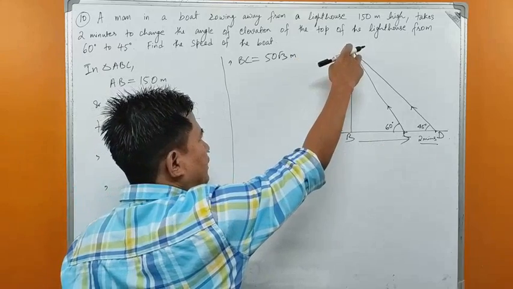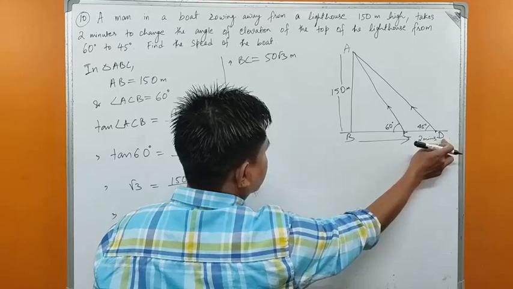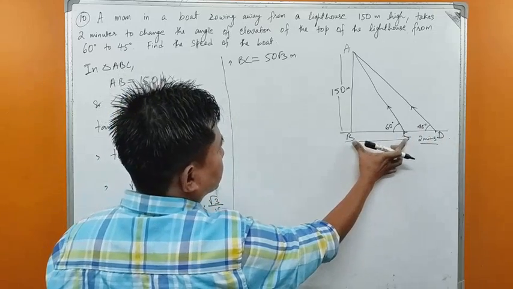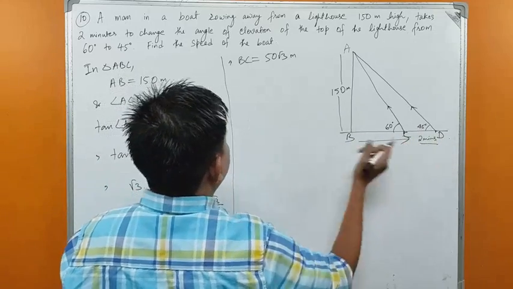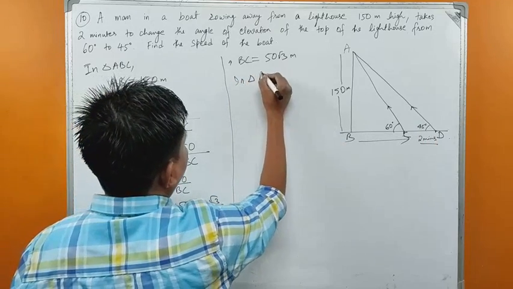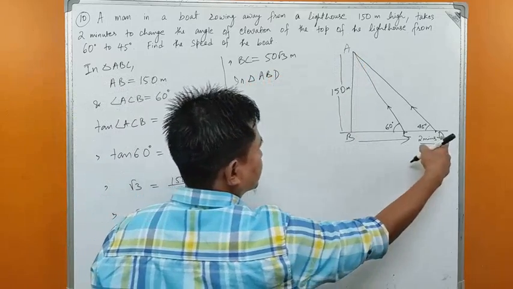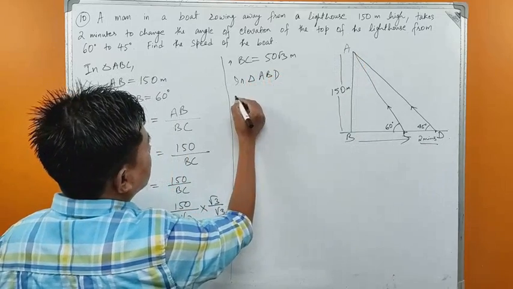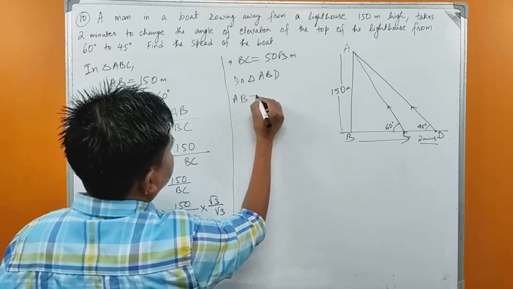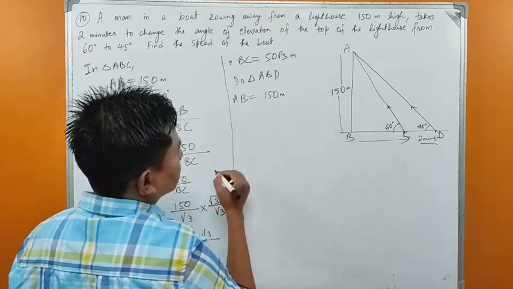Now we will see the triangle ABD and we will find BD, and after that we will subtract BC from BD, we will get CD, isn't it? In triangle ABD, the bigger triangle, AB is the height of the lighthouse, perpendicular, equals 150 meters. This is given to us.